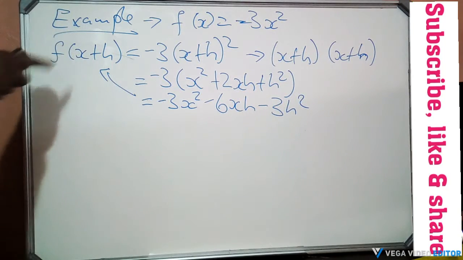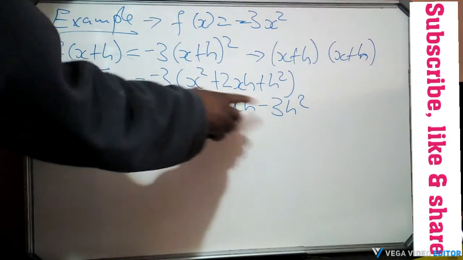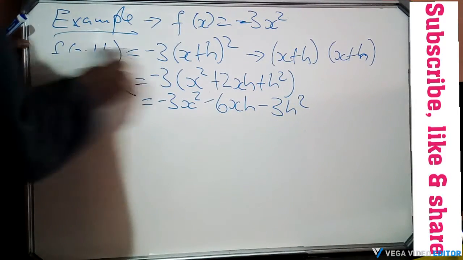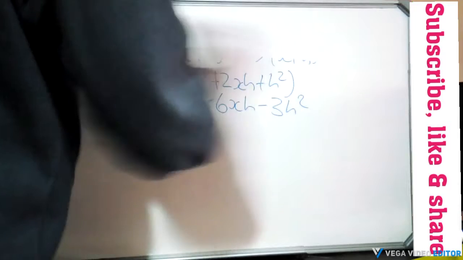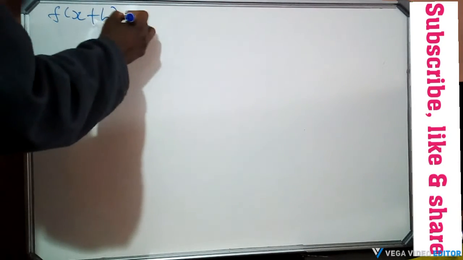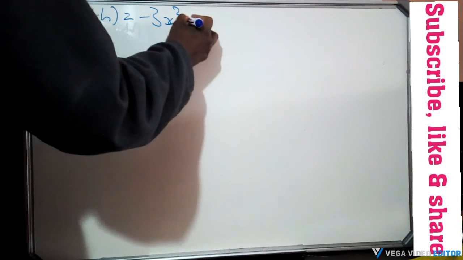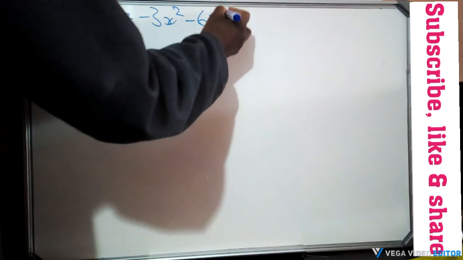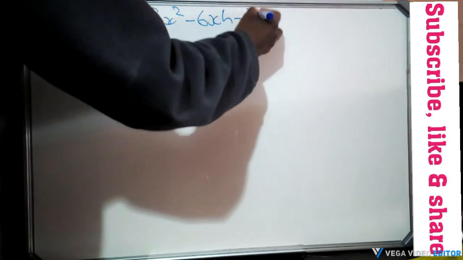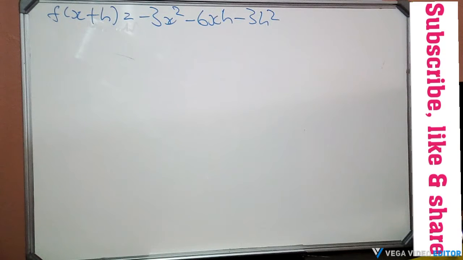So we know then that our f(x plus h) is equal to -3x squared minus 6xh and then -3h squared. All right, that is our f(x plus h).